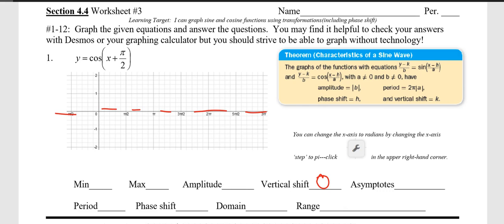Be careful. Which way are we moving, left or right? Moving to the left. That is a negative pi over 2 shift, folks. Just remember, you have x minus h inside here. X minus h. And that's how we end up with our negative pi over 2.